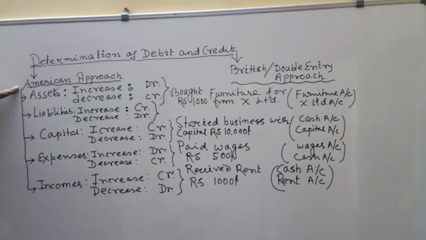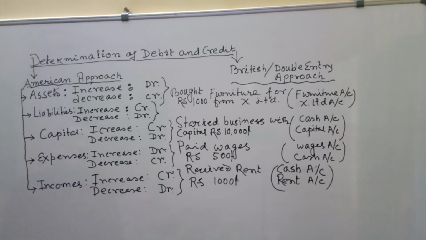In the American approach, you can see there are five items. One is the asset, another is the liabilities, third is the capital, fourth is the expenses, and fifth is the incomes.